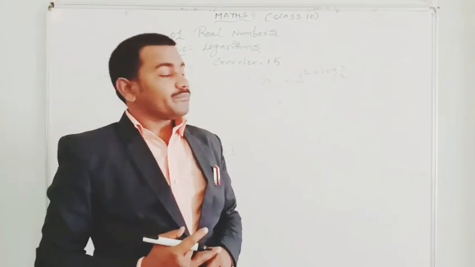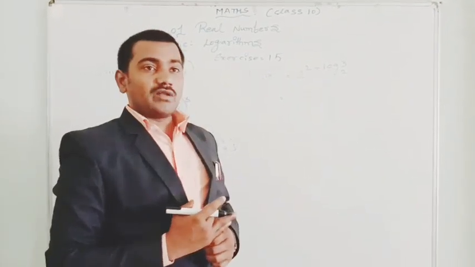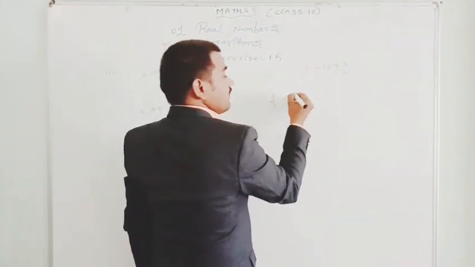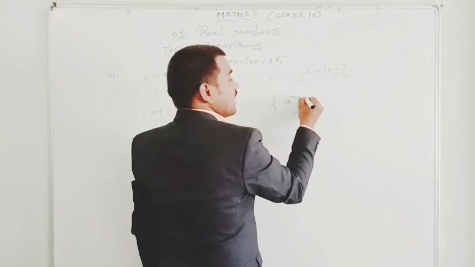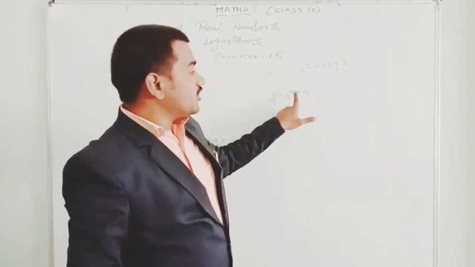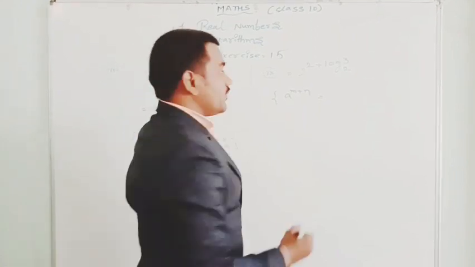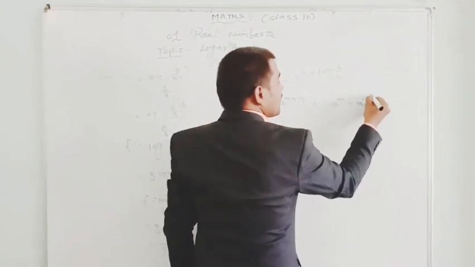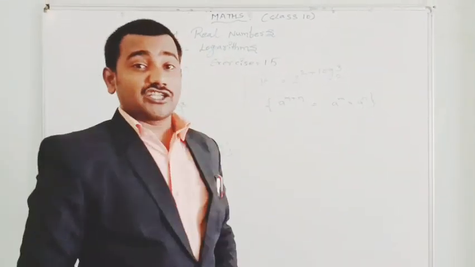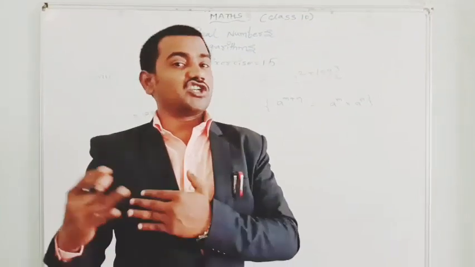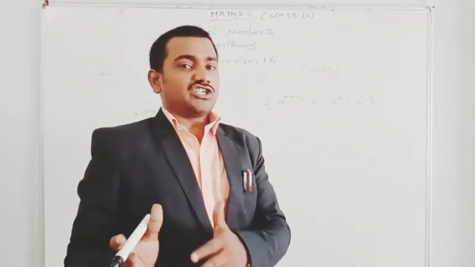Children, here we have one formula: a to the power of m plus n equals a to the power of m into a to the power of n, by using the laws of exponents from the exponents and powers chapter in our 8th class and the exponents chapter in our 7th class.